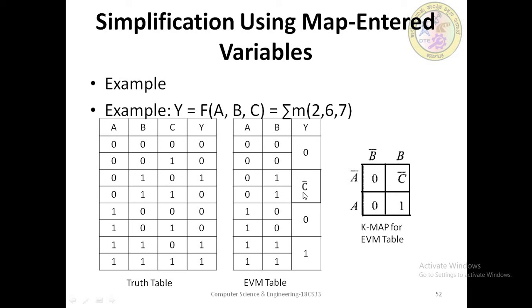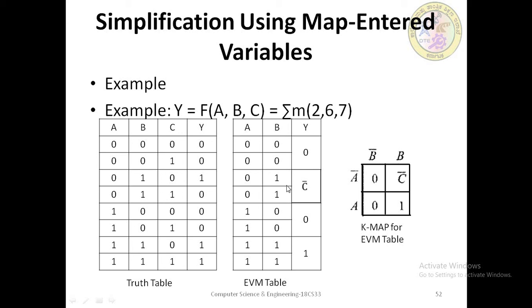Irrespective of the input it's always 0, so we write 0, and where it's always 1, we write C only. So now we have C as a variable, and we put the result. Only 4 statuses are available.